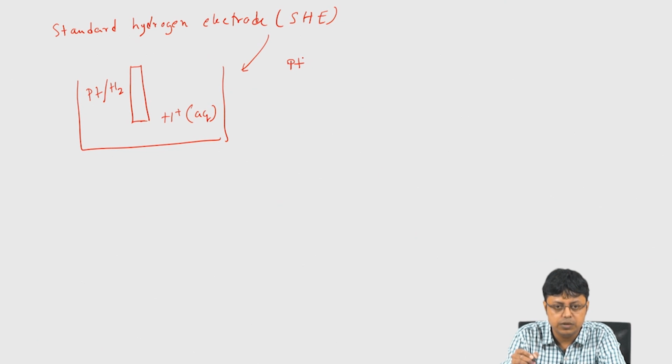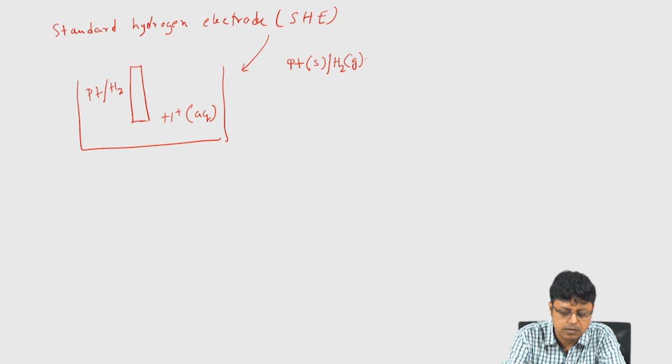Since it is measured with respect to this cell, this cell is regarded as the left hand side cell. So, we are writing it as platinum solid, and then hydrogen, which is gas because it is an adsorbed species on the platinum, and then we have HCl, which is aqueous.